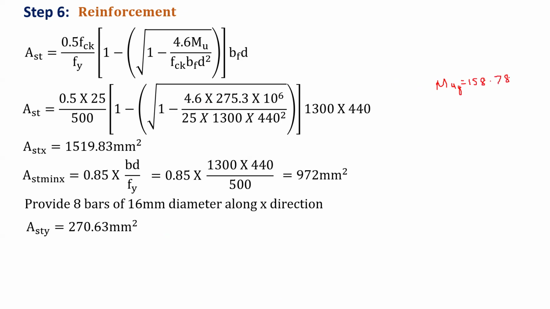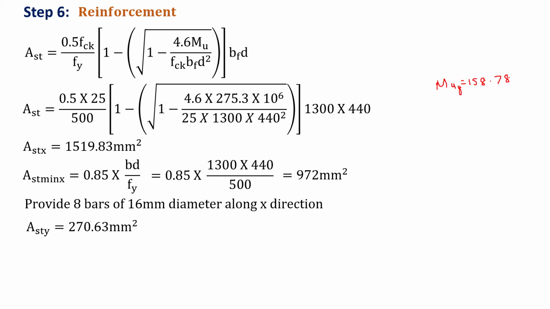In 1 minute I will calculate 158.78 to the power 6 divided by 25 into 3500 into 440 square. 1 minus answer, root of answer, 1 minus 4.6 into 158.78 to the power 6 divided by 25 into 3500. Width we have to take 3500 square.